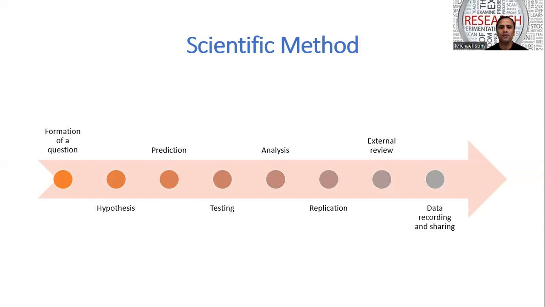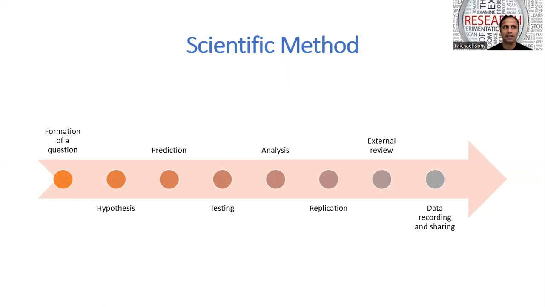And then we go down to test those hypotheses or predictions using various research methods. We analyze the data, and in order to make a valid conclusion, we may also want to increase the number of replications.